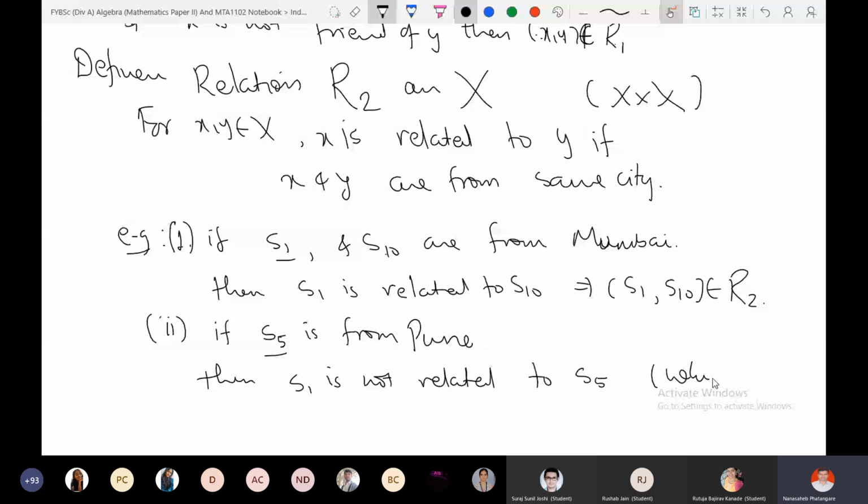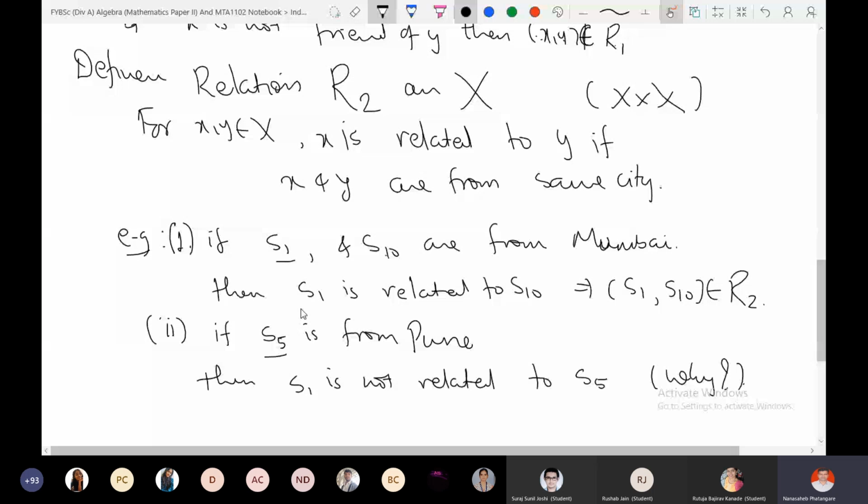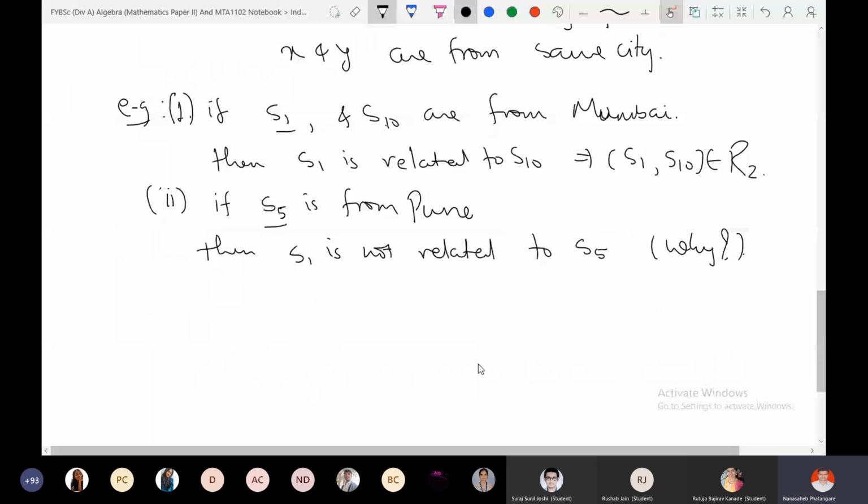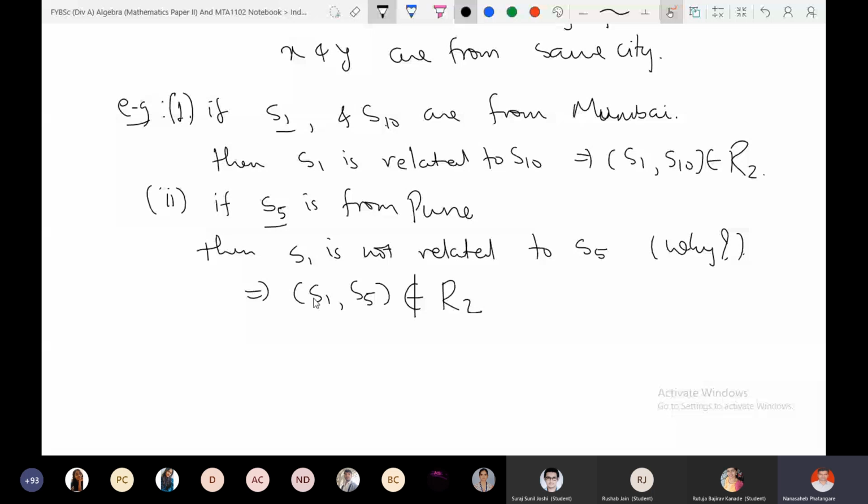And therefore, we can say the pair S1 S5 is not in R2 because S1 is not related to S5. Am I right? Yes, sir. So that is the meaning of relation.